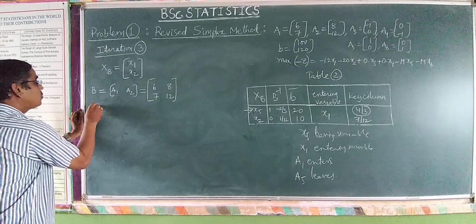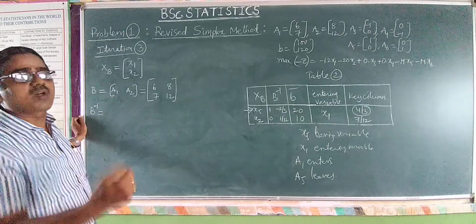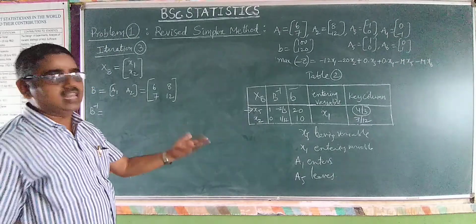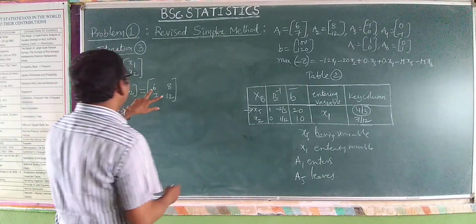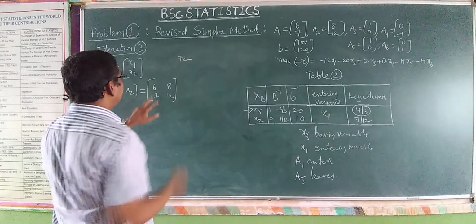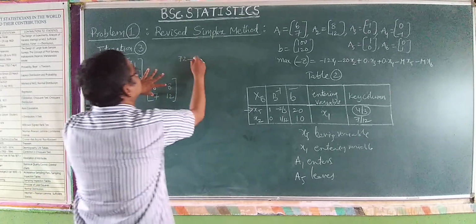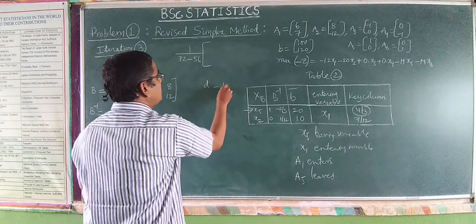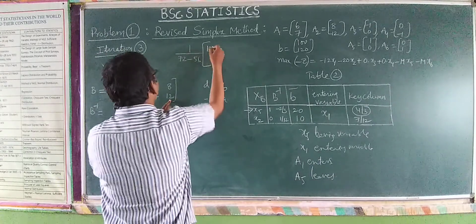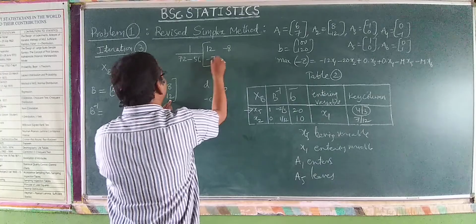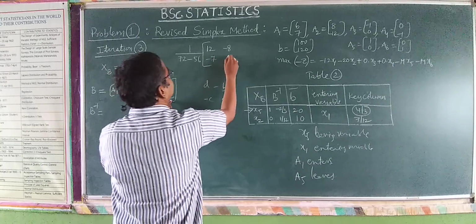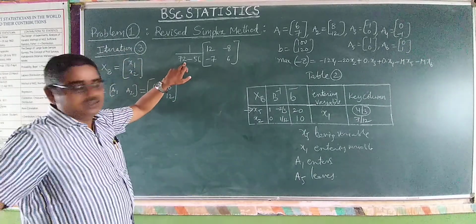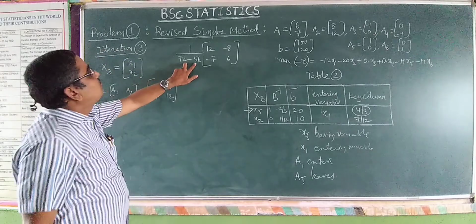Now we have to calculate B inverse. Learn the calculations from the calculator so that it will be very easy. Because it is a 2 by 2 matrix, I am calculating directly. 1 by AD minus BC: 72 minus 56. It is 1 divided by AD minus BC, multiplied by D, minus B, minus C, A. D is 12, minus B is minus 8, minus C is minus 7, and A is 6. What is 72 minus 56? This is 16.